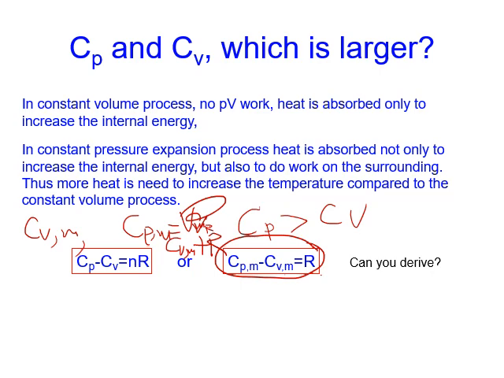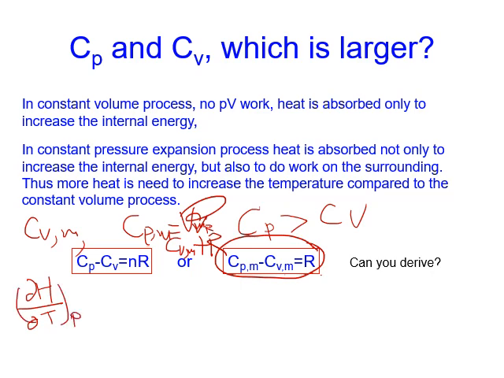So now let's derive this equation. Why does Cp minus Cv equal nR? Cp is defined as the enthalpy change over temperature. Why? Because at constant pressure, the enthalpy change is heat.